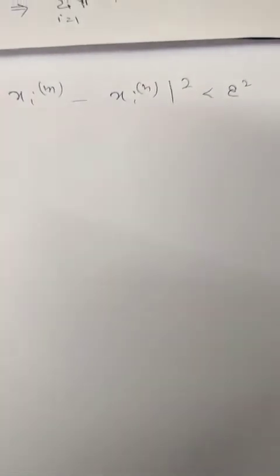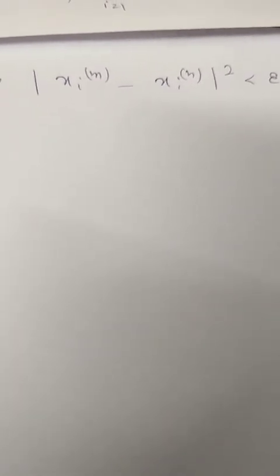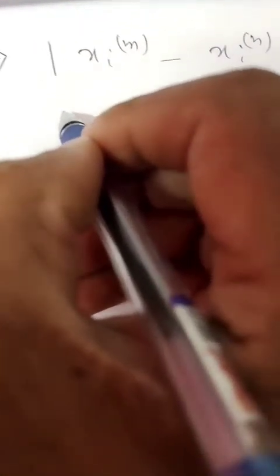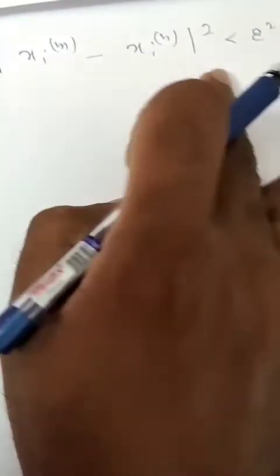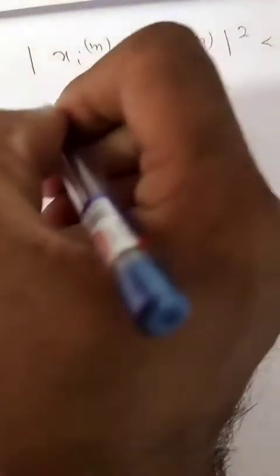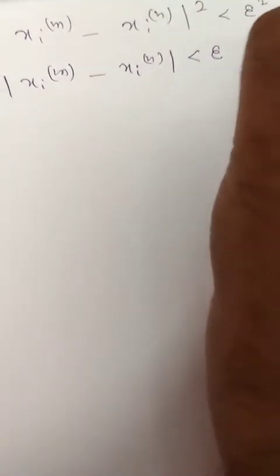So this implies the absolute value of x_im minus x_in whole square is less than epsilon square. Since this is a non-negative quantity, x_im minus x_in is less than epsilon for each i.